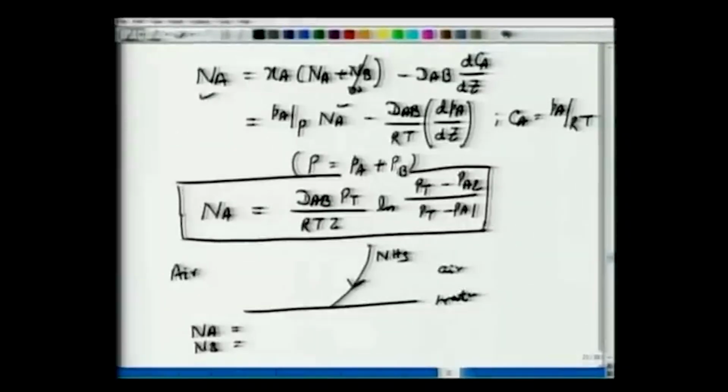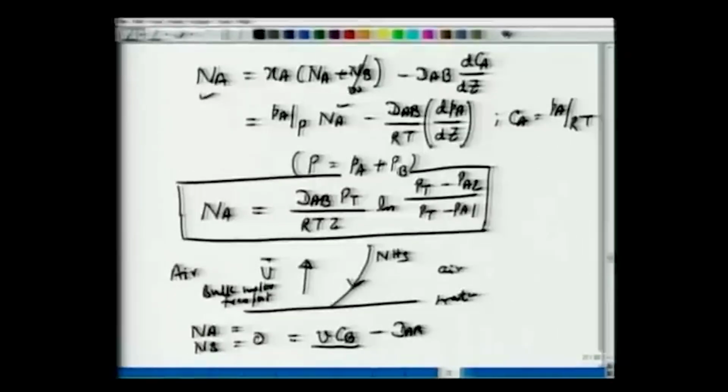Important to note here is that since air is insoluble in water, there is bulk molar convection, or bulk molar transport, induced because of ammonia diffusion. Since Nb is 0, the bulk transport of B, air, has to be equal to the molar diffusion flux of air.